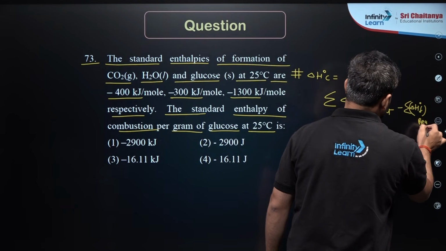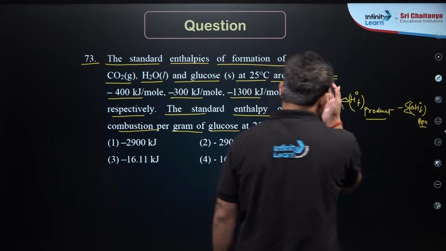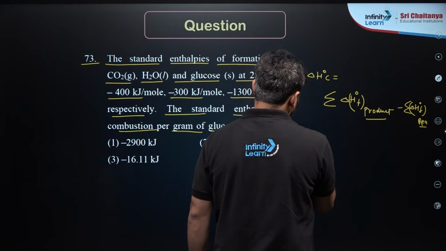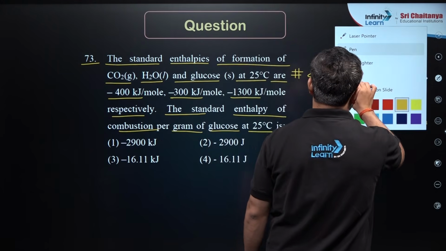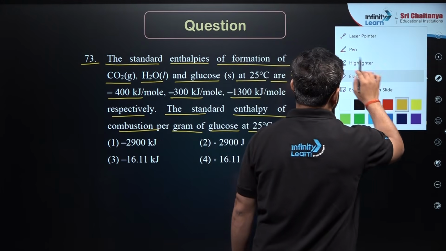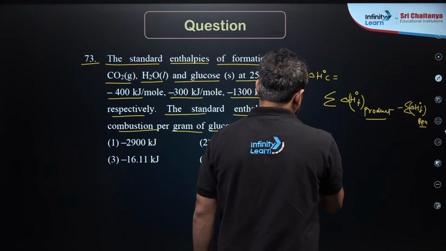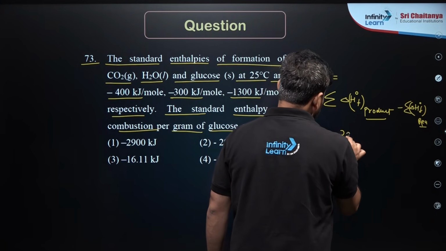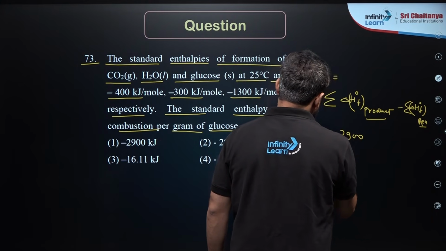This side is reactant, this side is product. This formula we have to apply. So enthalpy of combustion, delta H naught C, we are getting equal to minus 2900.